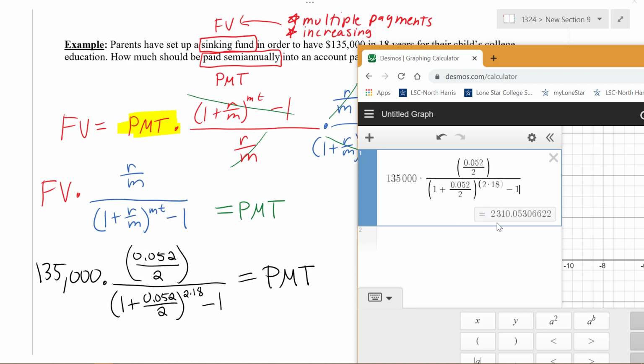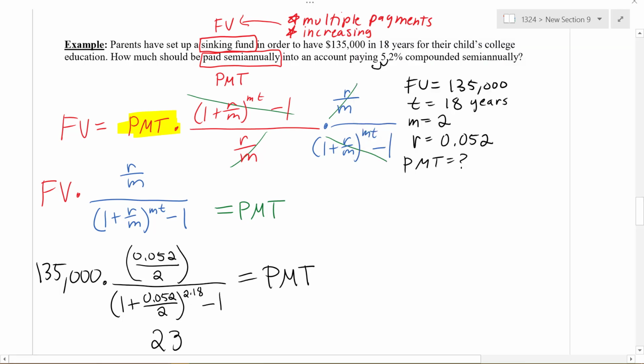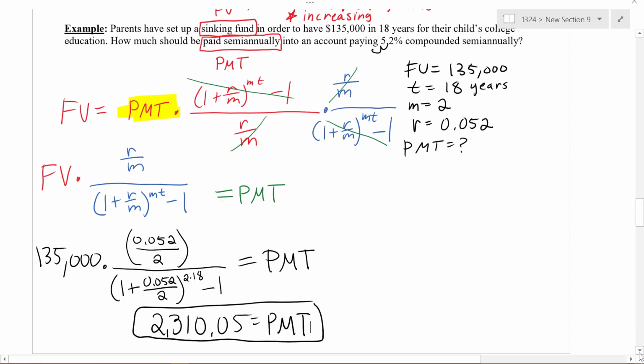I have then my payment for this account to be $2,310.05 when we round to the nearest 2 decimal places. So this is how much should be deposited every 6 months into this account so that we achieve our goal of $135,000 in 18 years.